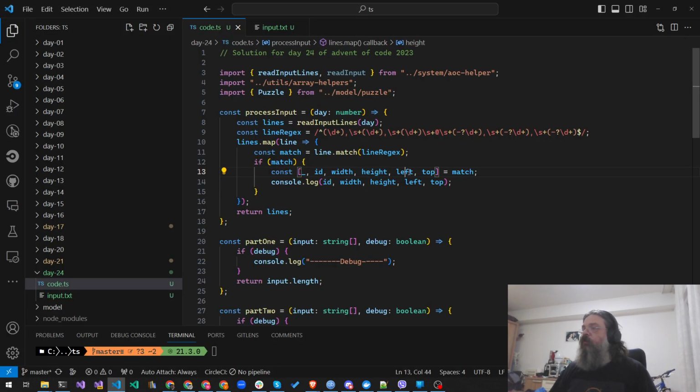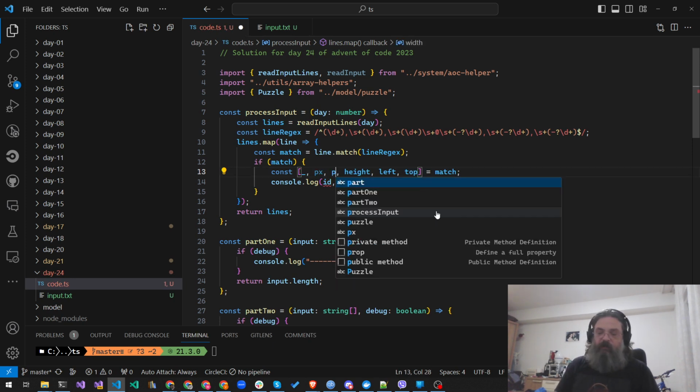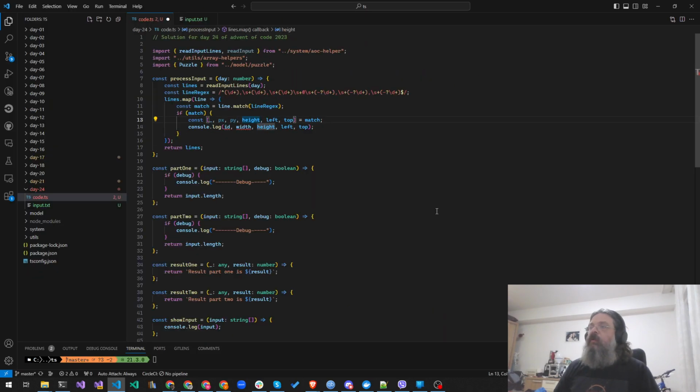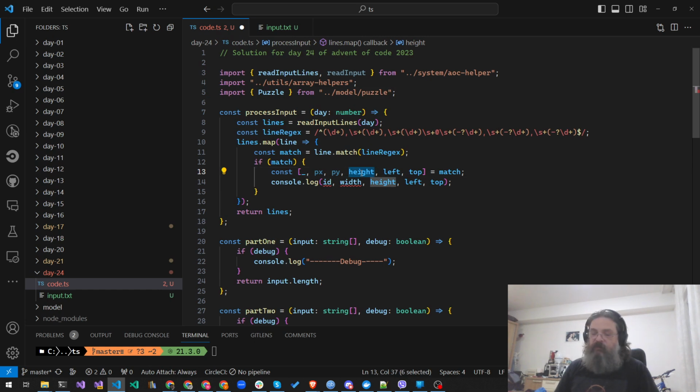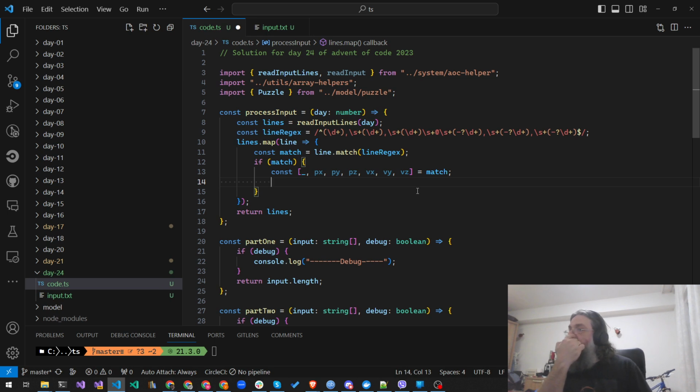1, 2, 3, 4, 5, 6. And we can literally call them px, py, pz, vx, vy, vz. And the only bad thing is that all of these are actually strings.